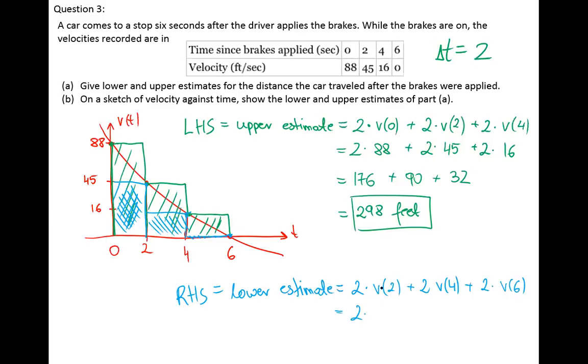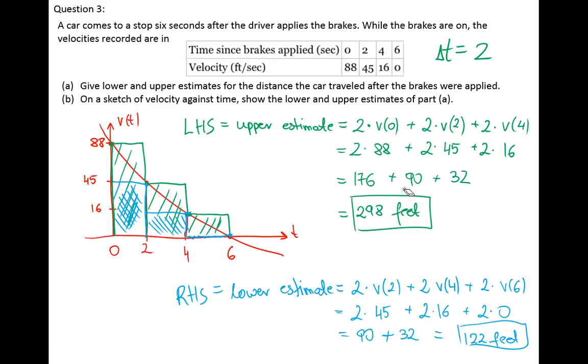The velocity at 2 is 45, at 4 is 16, and at 6 is 0. Okay, 90 plus 32 plus 0, 122 feet. That means the estimate, of course, is between.